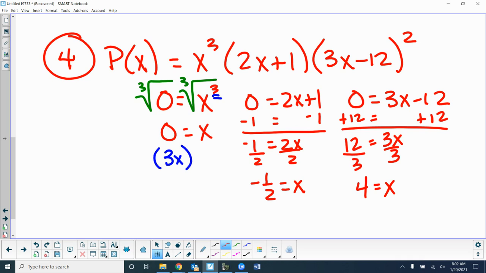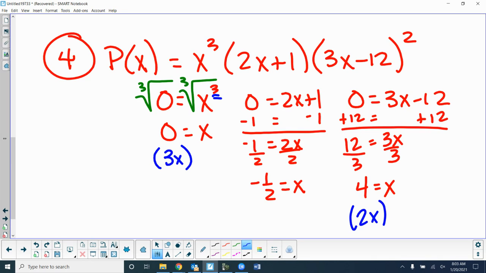And it works how many times? 2 times. So it has a multiplicity of 2. So if I were to look at this graph, at 4, it bounces off because it has even multiplicity. At -1/2, it goes straight through it. At 0, it bends as it crosses through the 0, if we were to look at it. Okay?